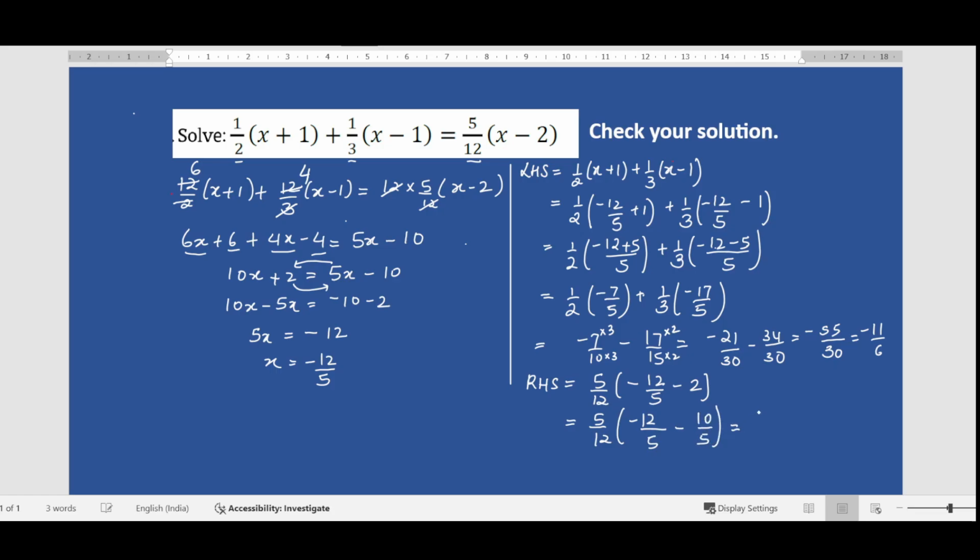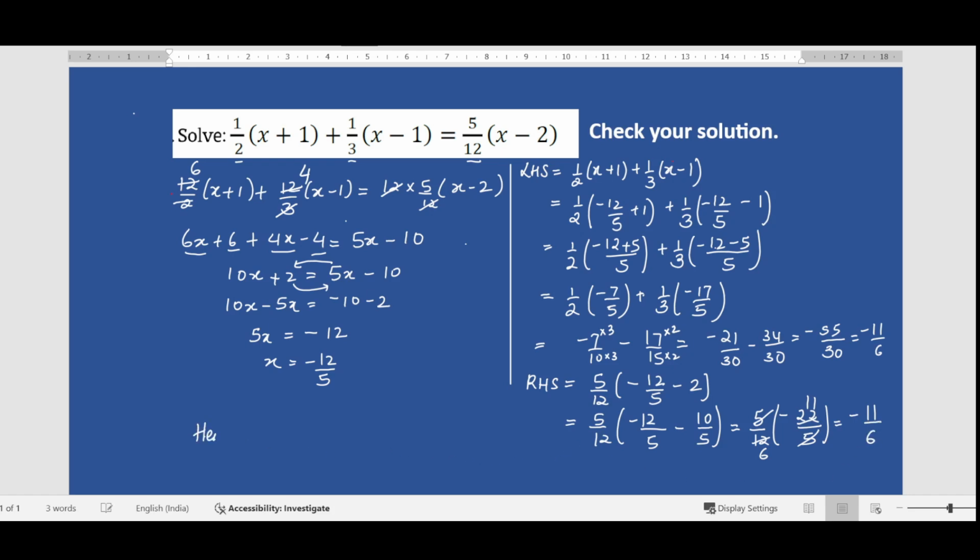This is equal to 5 by 12 into minus 22 by 5. 5 will cancel and 2 6s are 12 and 2 11s are 22. This is equal to minus 11 by 6.